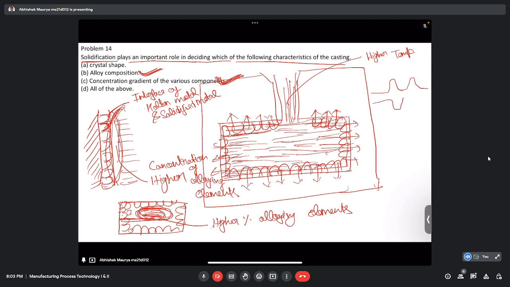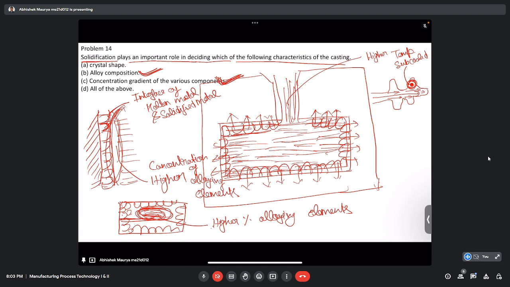Suppose this is the direction of solidification, but some condition happens so that in this region composition change has taken place in such a way that the material in this region becomes subcooled.